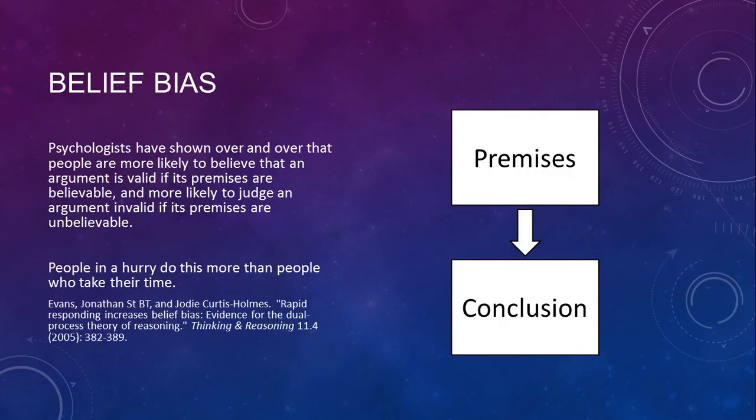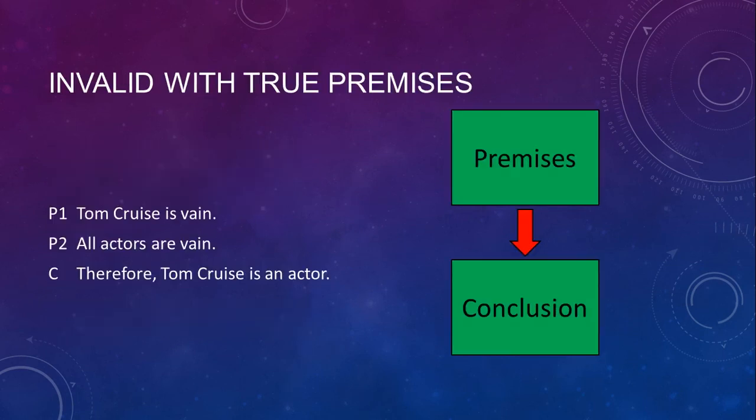So would you say it's invalid because the second premise is not correct all the time? No, no. The truth or falsity of the premise has no bearing whatsoever on the validity of the argument. Right?